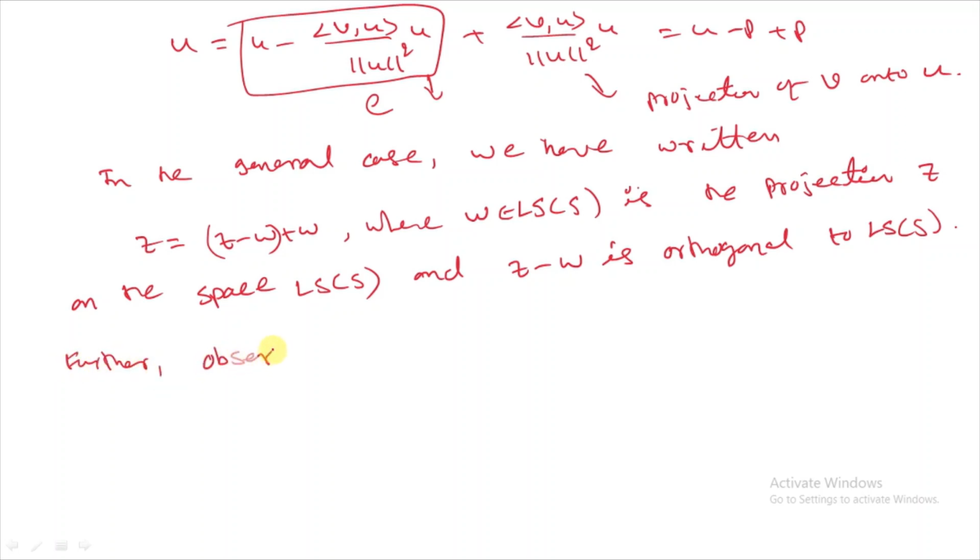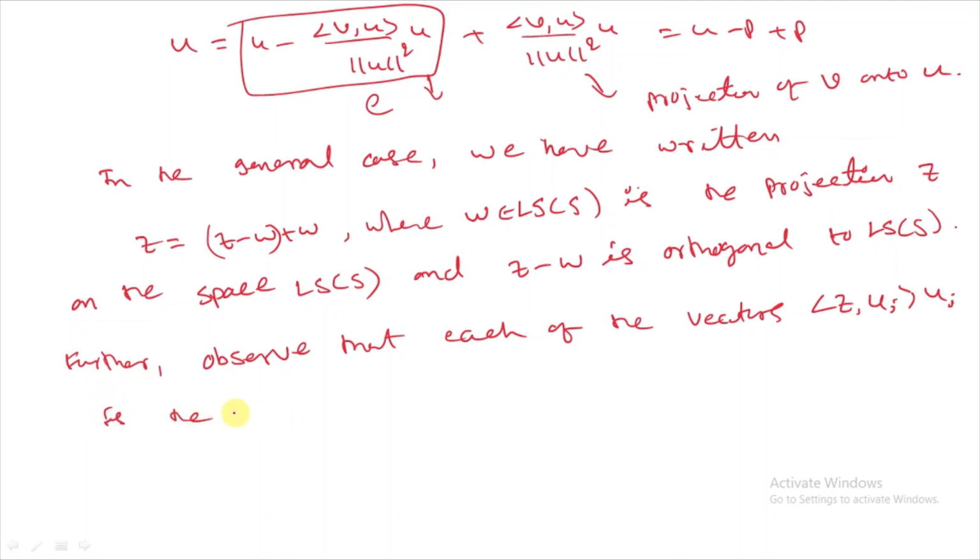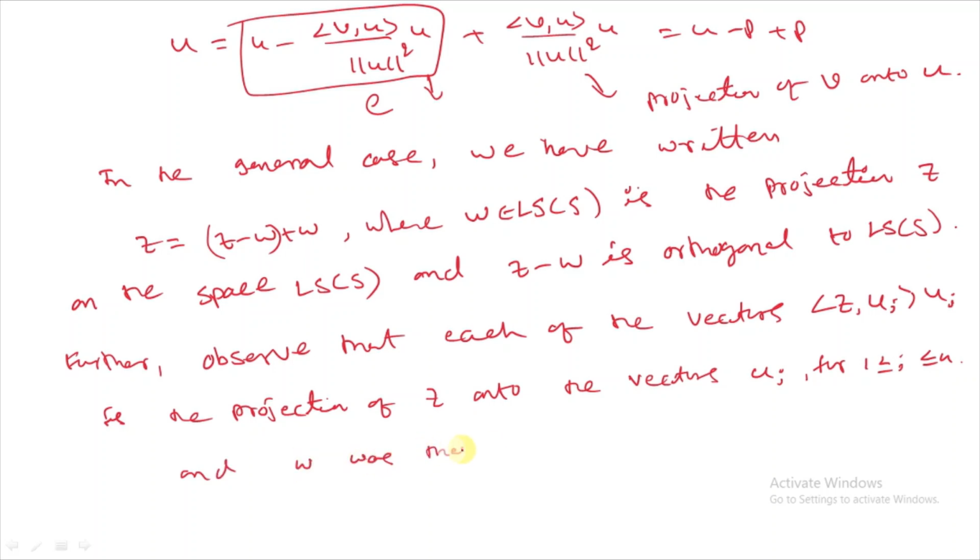Further, observe that each of the vectors ⟨Z, ui⟩ times ui is the projection of Z onto the vector ui, for 1 less than or equal to i less than or equal to n, and W is their sum.